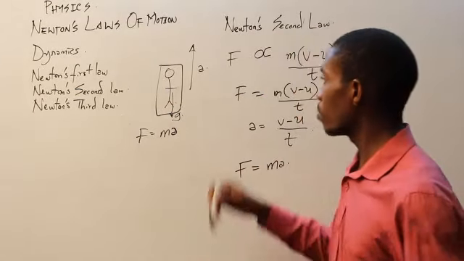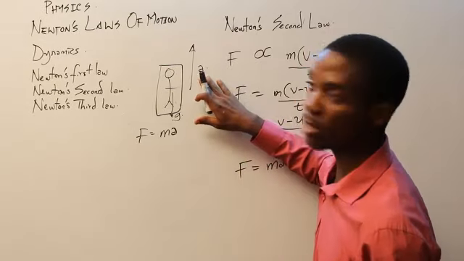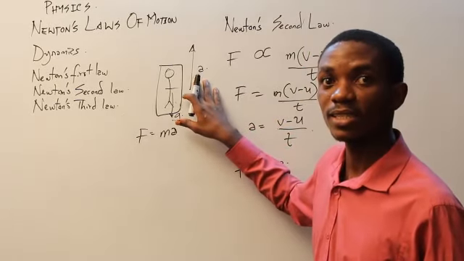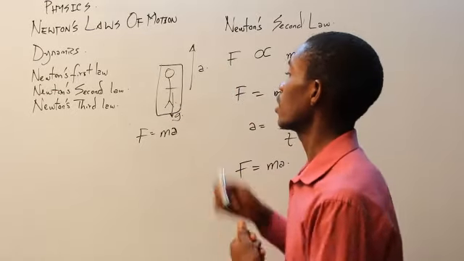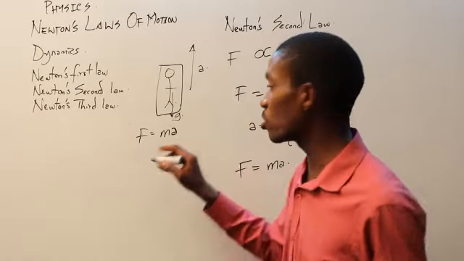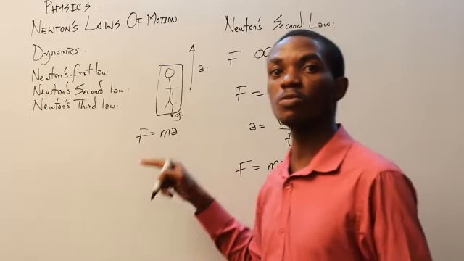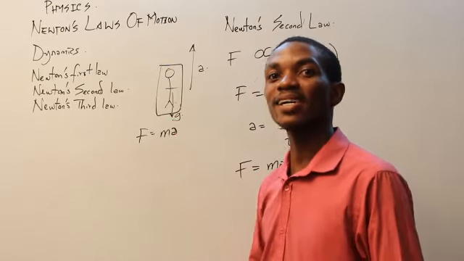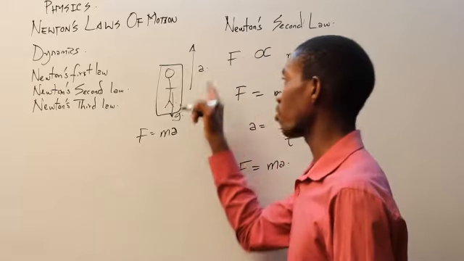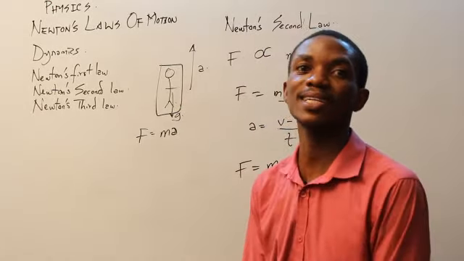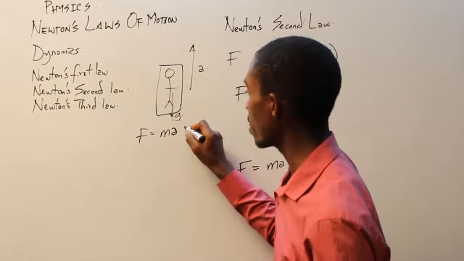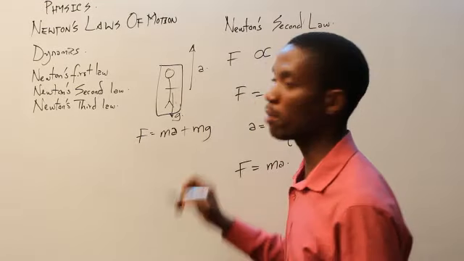Now, for the body to actually be able to move at this particular a that we are indicating that it wants to move at, then we must also put into consideration this g. This g must be overcome by an extra measure of a, which means the total amount of force that will be needed to drag the man up would be ma plus mg.